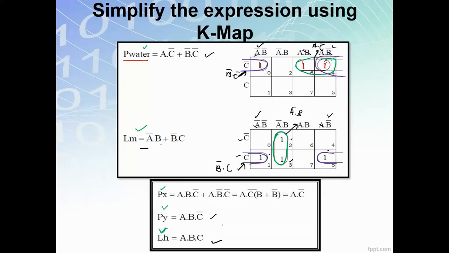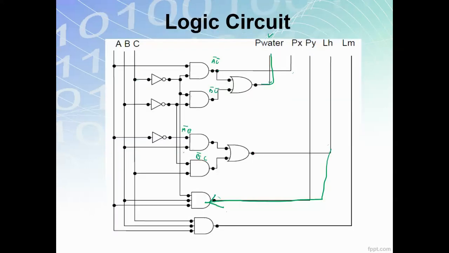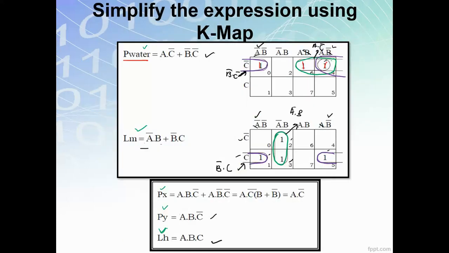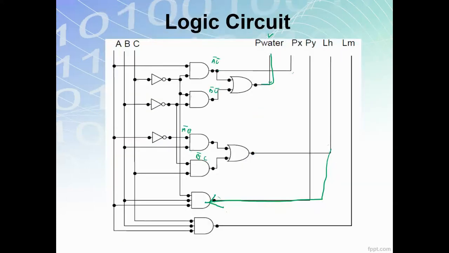Red lamp, red lamp. Oh, it's reversed: A bar dot B plus B bar C. This is the red lamp. A bar dot B, A bar dot C, B bar, B bar, and C. So this actually is red. This is actually the output for the red lamp.